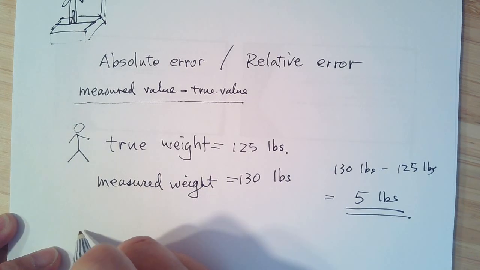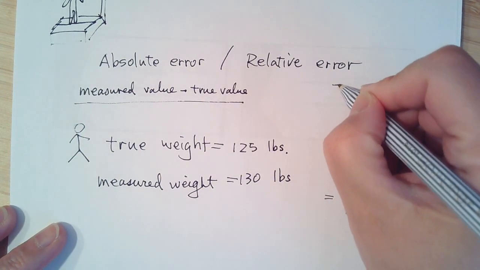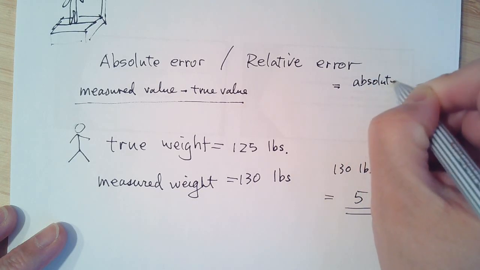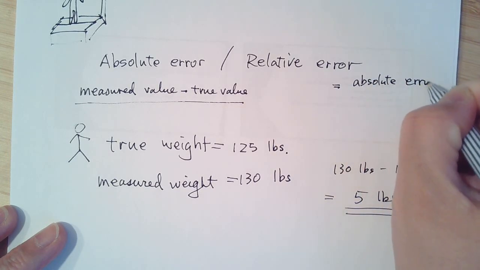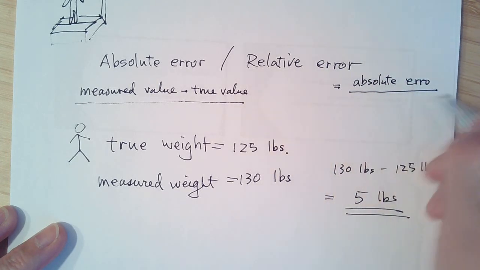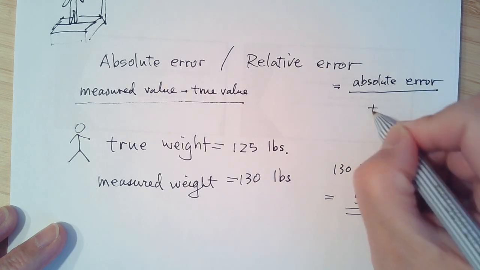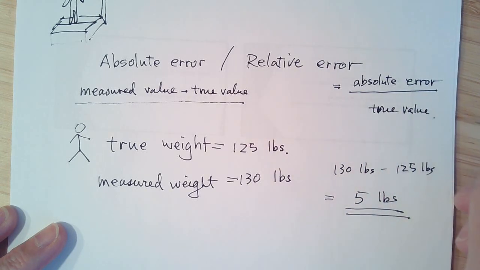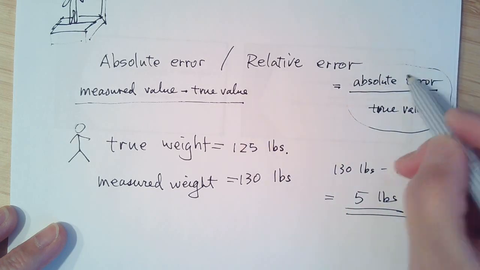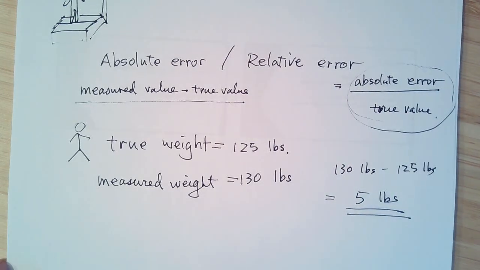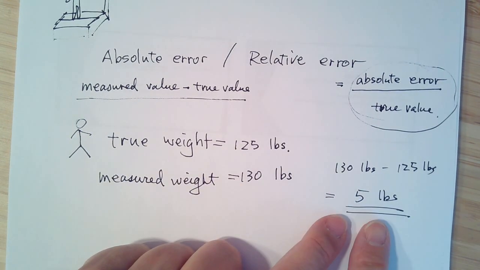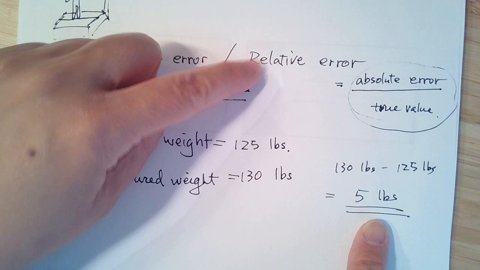All right, now what is a relative error? Relative error is this one, that equals the absolute error divided by the true value. Okay, so it's a ratio. Sometimes we use a percent to show it. For example, in this case, our absolute error is 5 pounds. What is the relative error?